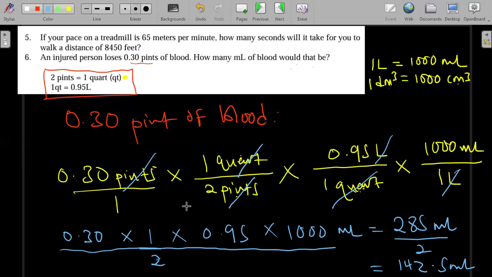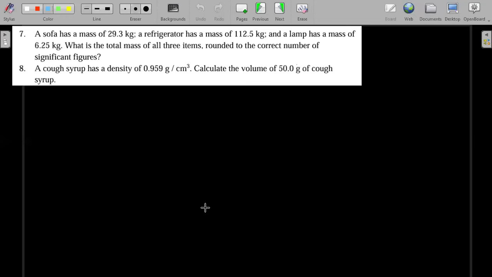All right, so let's go to question 7 now. On question 7, what are they saying? They're saying a sofa has mass 29.3 kg, a refrigerator has mass 112.5 kg, and the lamp has mass 6.25 kg.